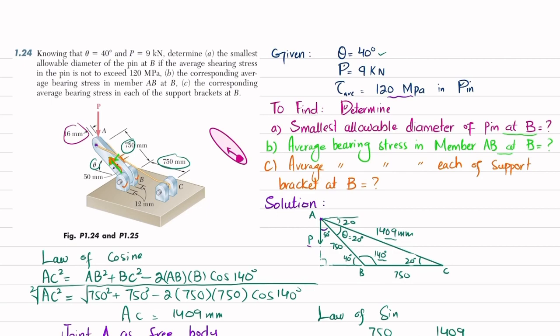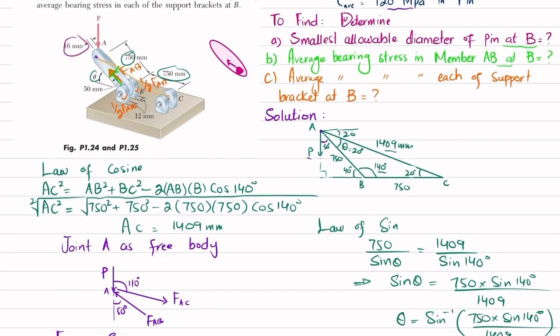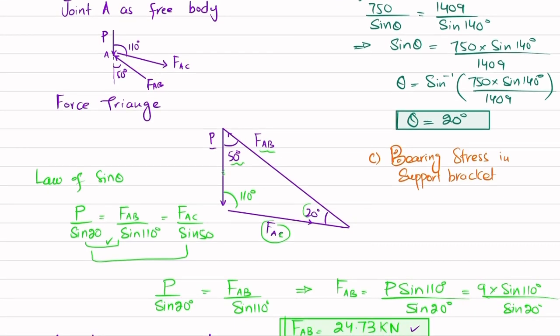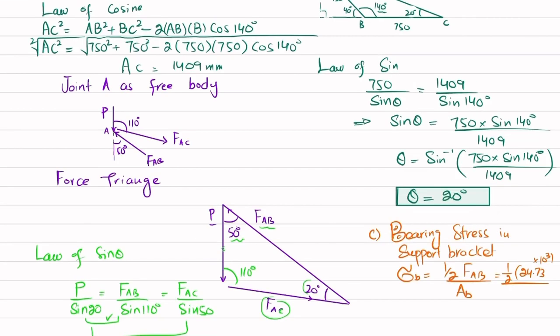So this force FAB will be distributed half, 1 over 2 FAB in this bracket and 1 over 2 FAB in this bracket. So in one bracket, supporting bearing stress is equal to half of FAB divided by bearing area. Clear? So half of 24.73 into 10 raised to power 3 divided by bearing area, which is D into T.